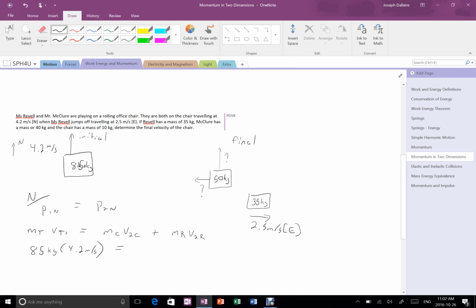And the chair McClure combo has a mass of 50 kilograms and a final velocity that we don't know. That's what we're looking for.